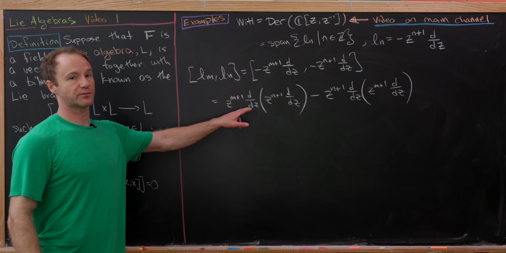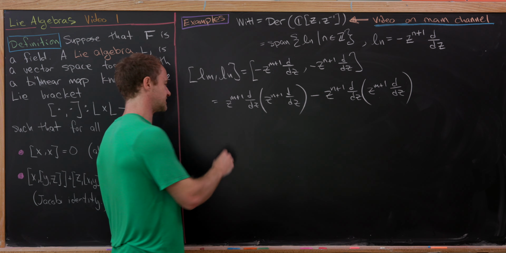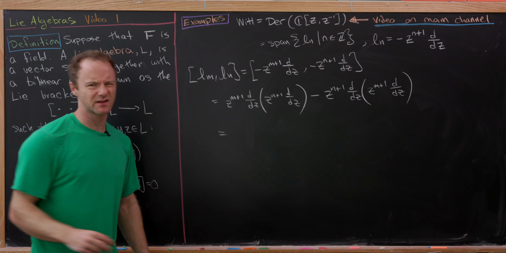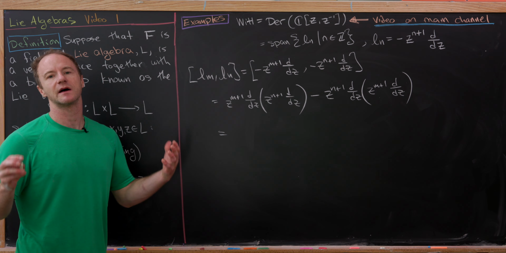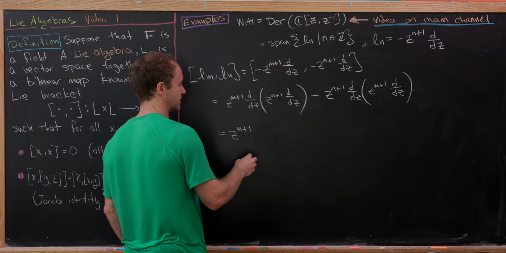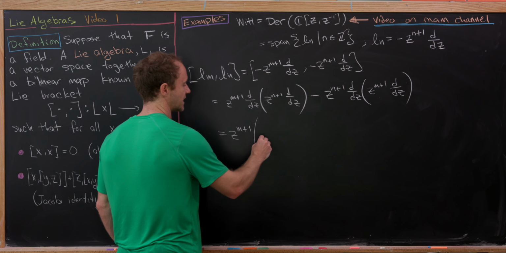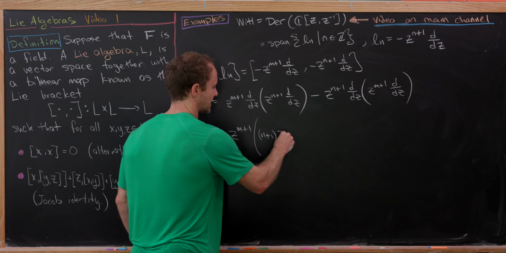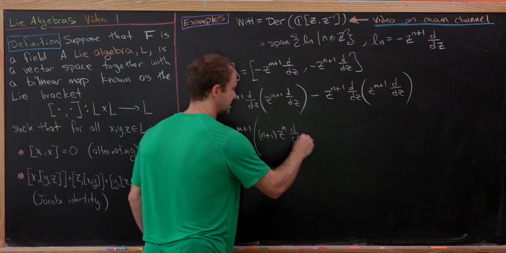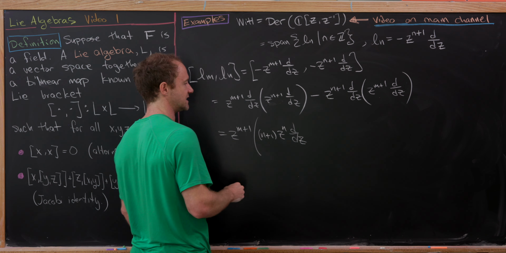But now let's use the product rule to take these derivatives. We need to take the derivative of the power of z and take the derivative of the derivative, building it up to a second derivative. So this first term expands out a little bit. We'll get n plus 1 times z to the n times the derivative with respect to z. That's from taking the derivative of the z to the n plus 1.